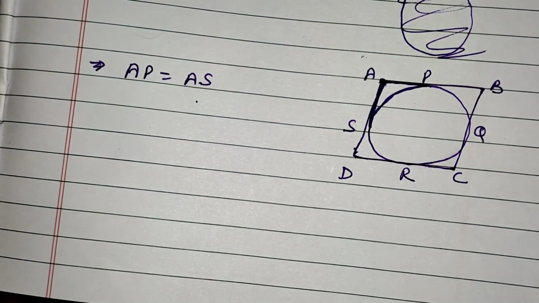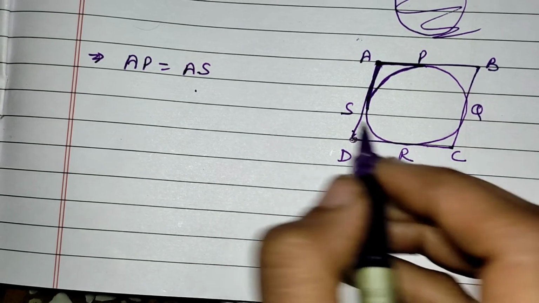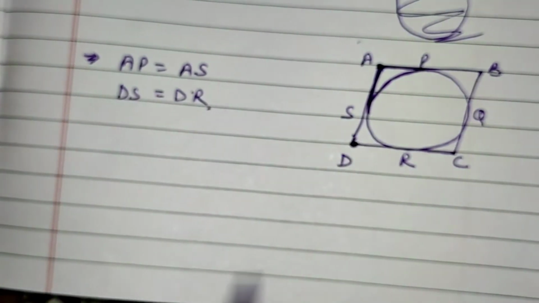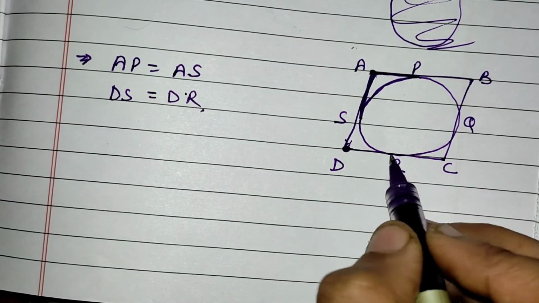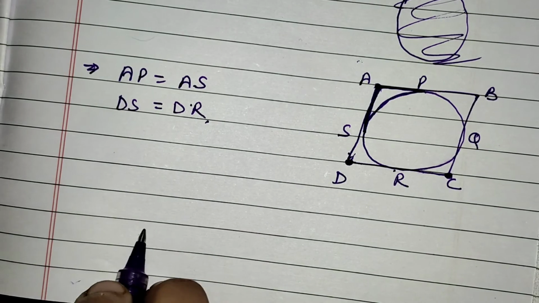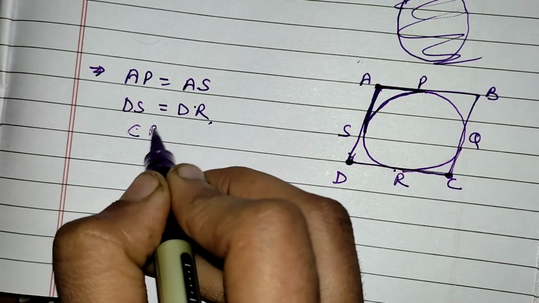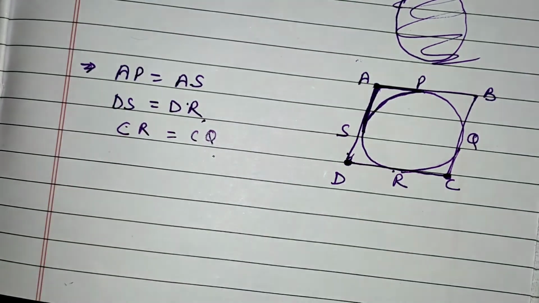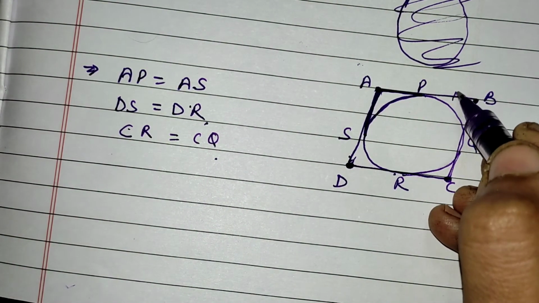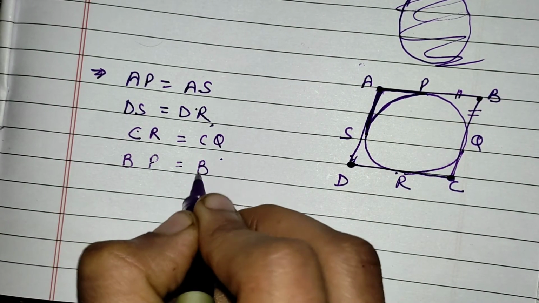Next, since D is again an exterior point to the circle, DS is equal to DR. Next, C is an exterior point to the circle, that means CR is equal to CQ. Next, B is an exterior point to the circle, so this time BP will be equal to BQ.